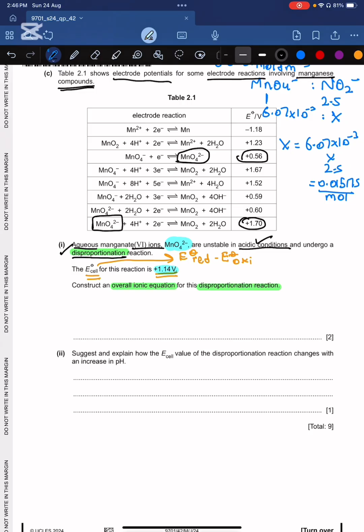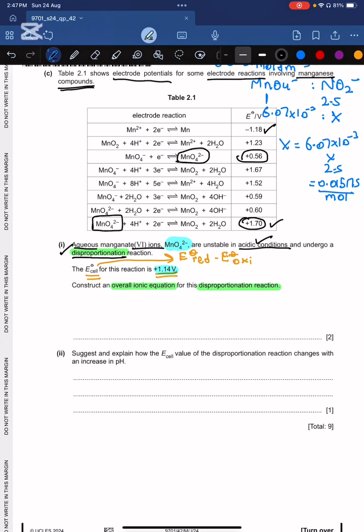Now, we need to understand this. If I have two electrode reactions and both of them have a positive E naught value, then the value which is less positive is considered as negative. I repeat, let's say I had plus 1.7 in this. It would have been really, really simple.